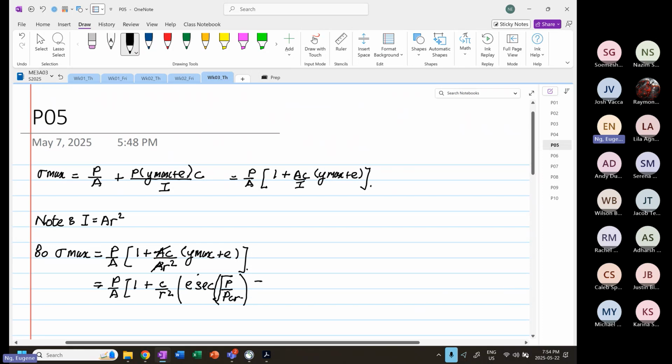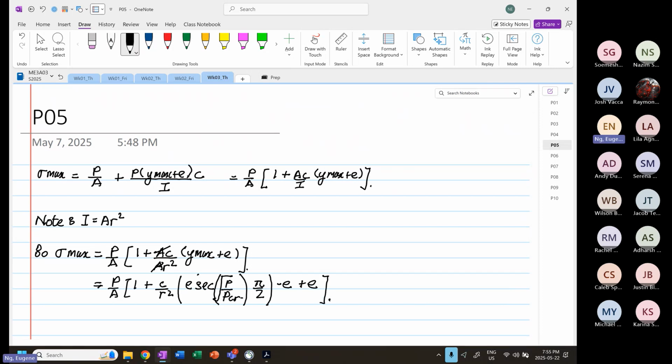Okay. Multiply by pi over 2, right? And then we are going to close another bracket. And then we have minus E, right? We have minus E. And then we have plus E.